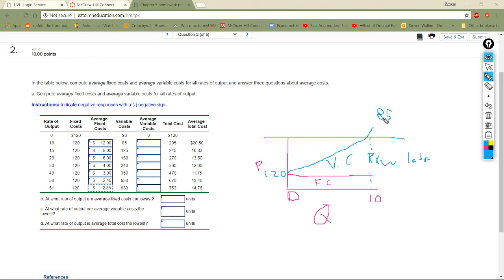This is going to be 85 plus 120 will give me 205, and we call this TC, total cost. And as we can see, it's right there. Right there they put total cost. All right, perfect. Let's go ahead and calculate all these variable costs then, shall we?